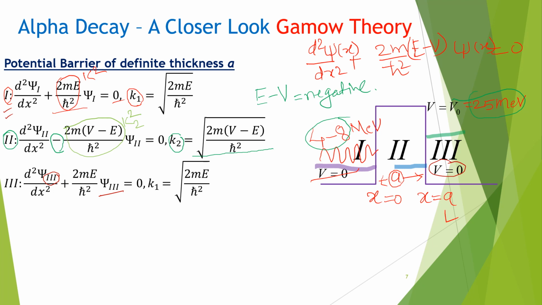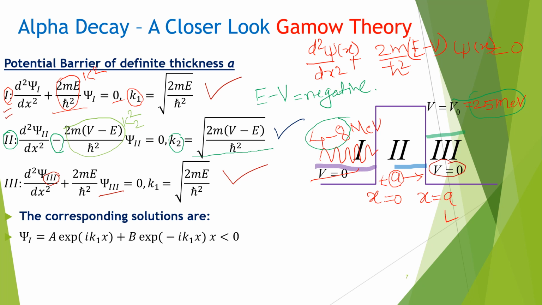So we have a similar kind of equation for region 1 and region 3, whereas we have a bit different kind of differential equation for the middle region, that is, the second region. Now these are standard differential equations and they possess standard solutions.